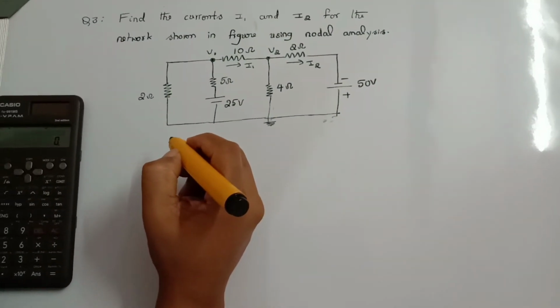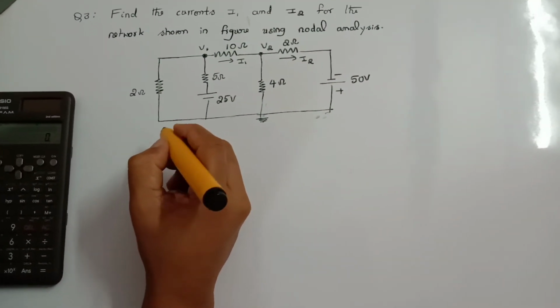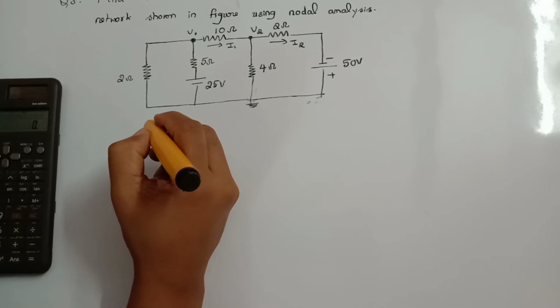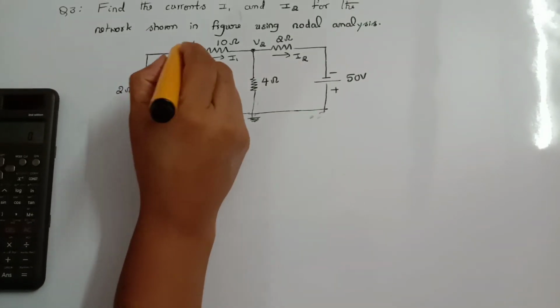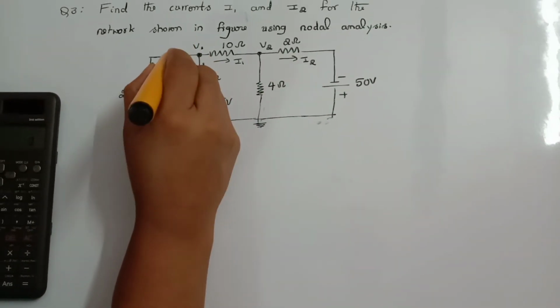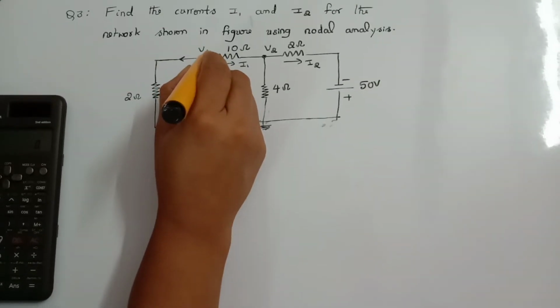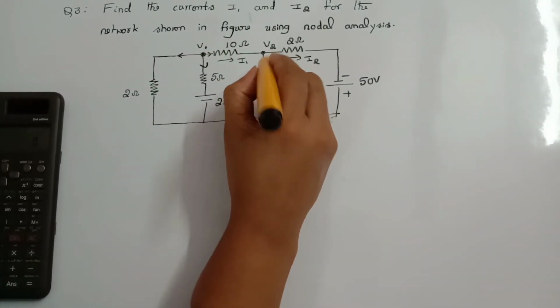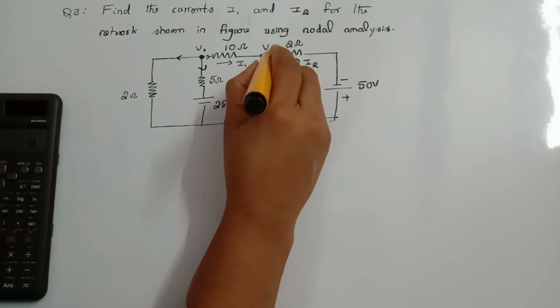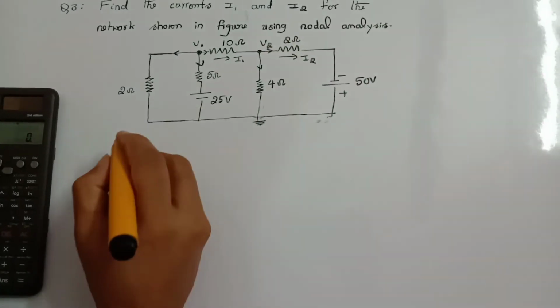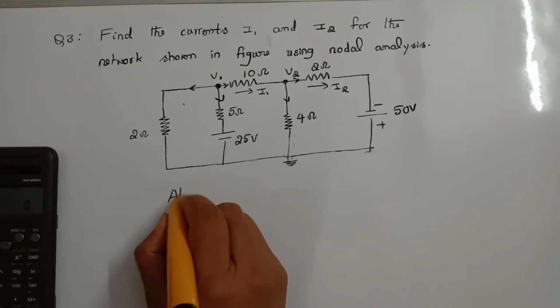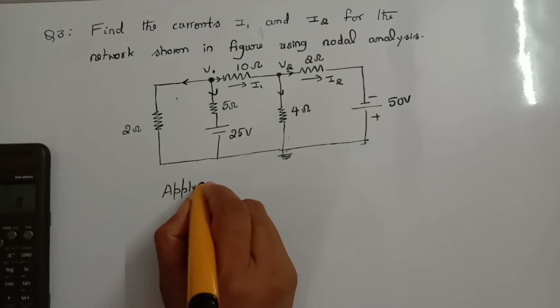Now, we will begin with applying the KCL. Before that, we want to assign the current direction. So I will take this as downward current direction, this away, these are the current directions for different nodes which I am assigning.